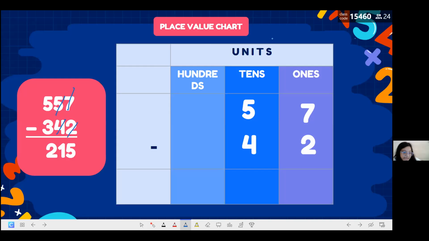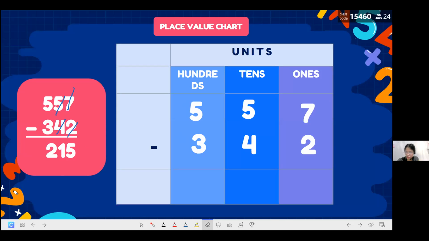So can I have Avery? Can you determine from the given numbers here the ones that are located in the hundreds place? 5 and 3. Very good. That's right, 5 and 3.